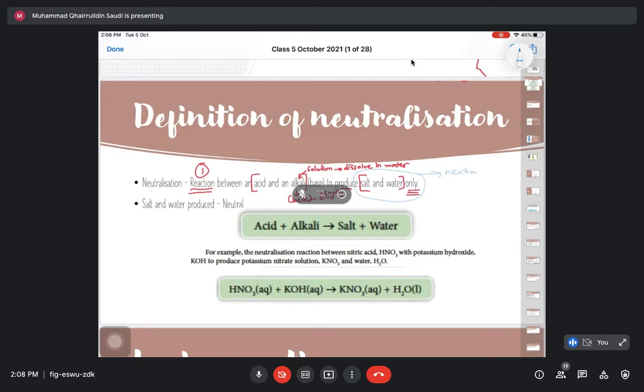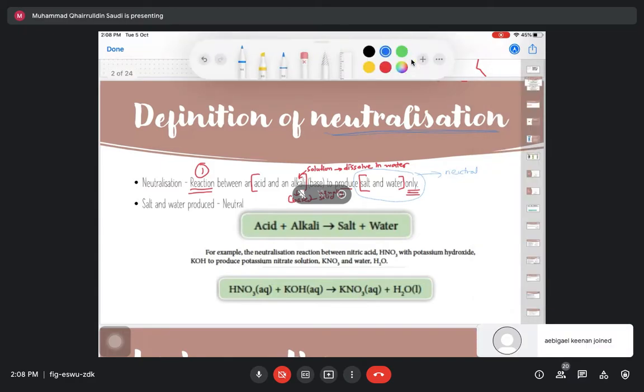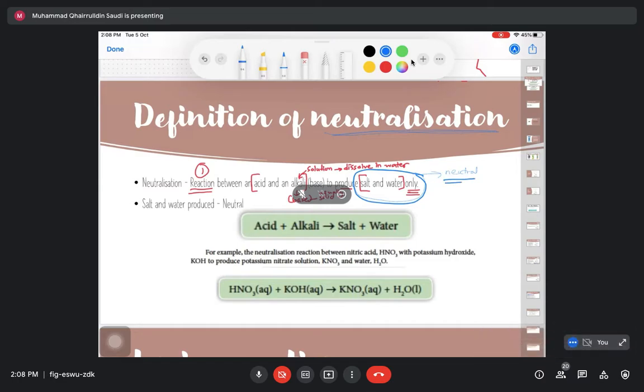That is why it is called neutralization reaction, because the product produced is neutral. So acid plus an alkali, we get salt and water, and both of them are neutral.